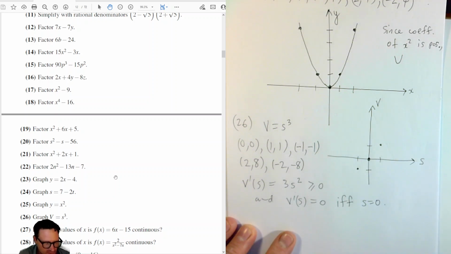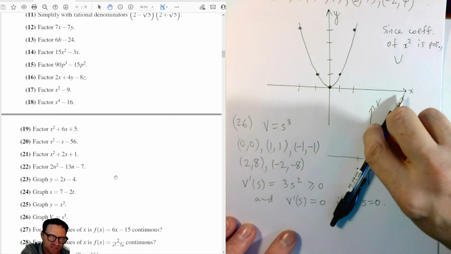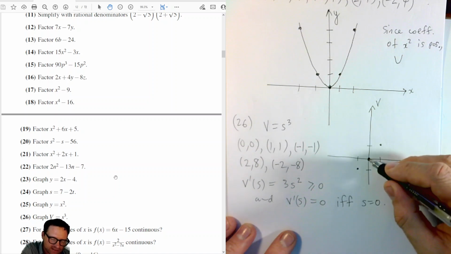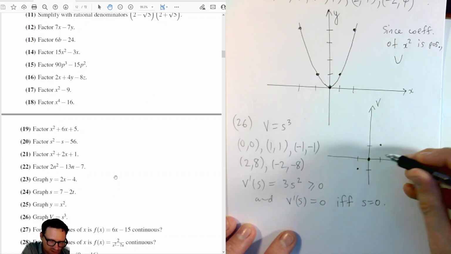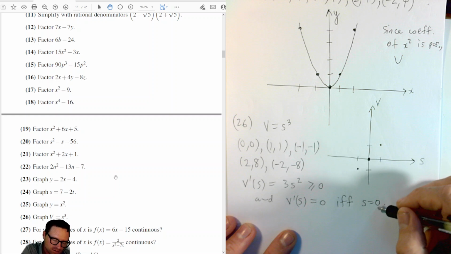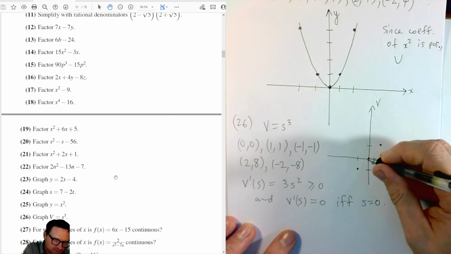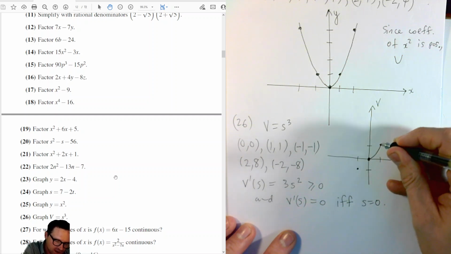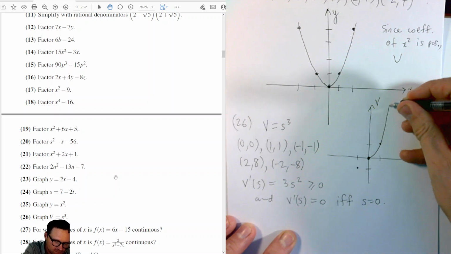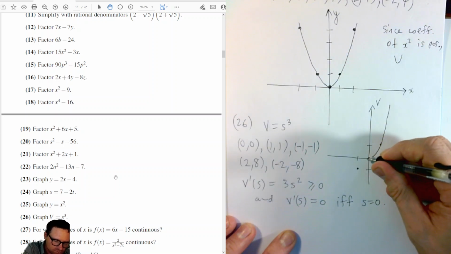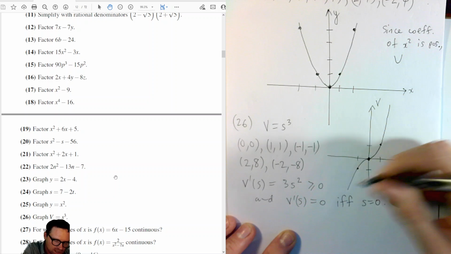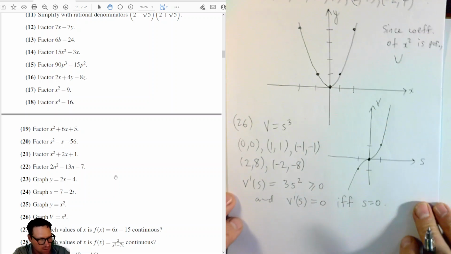It's positive otherwise. So we have a slope that's positive everywhere except for at 0 where it's just for a moment horizontal. Okay, so we want to draw something like that. And it looks like this.